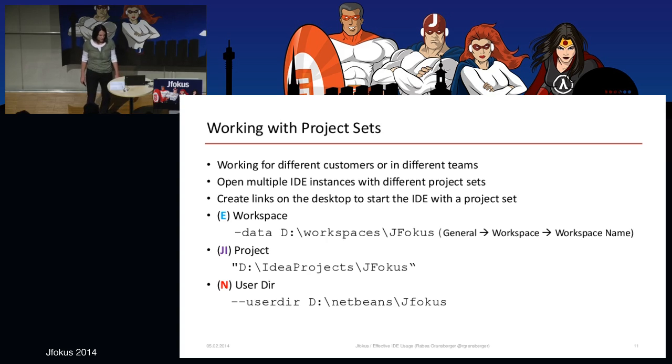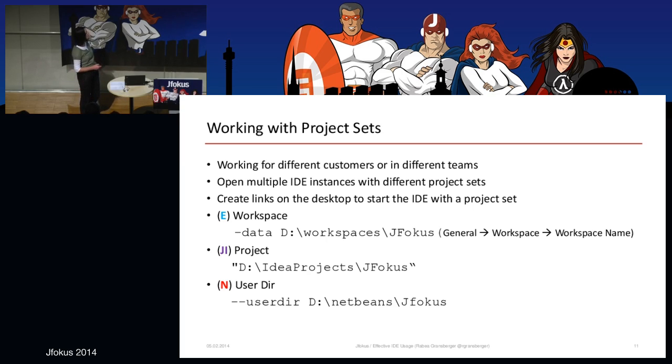We will see it shortly. In IntelliJ, we have projects. So if you want to start IntelliJ with a certain project, you just pass the folder for the project as a parameter, and it will start up with this project. And for NetBeans, it's called userdirs. So you have the minus minus userdir and then the folder name.